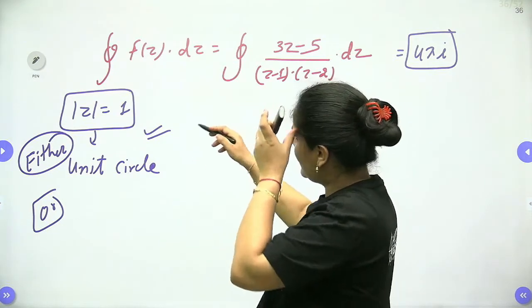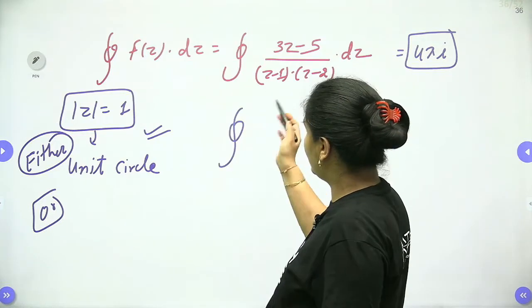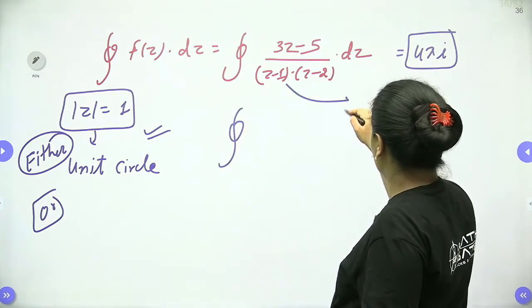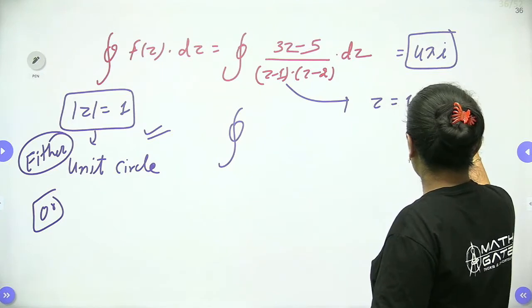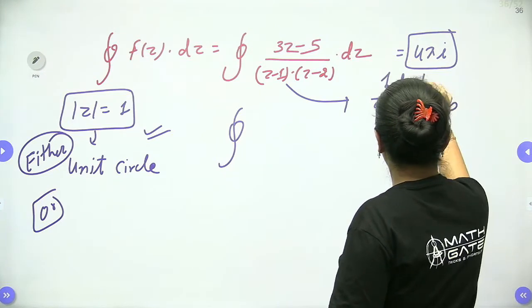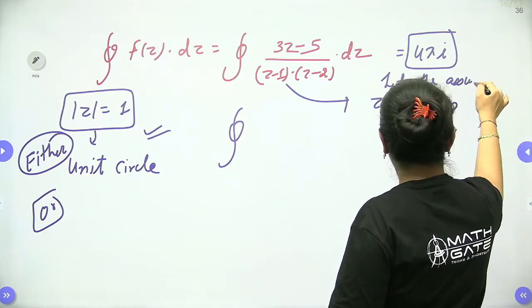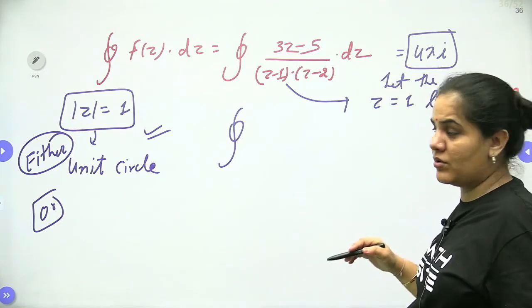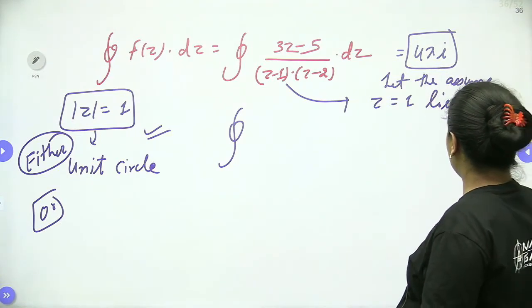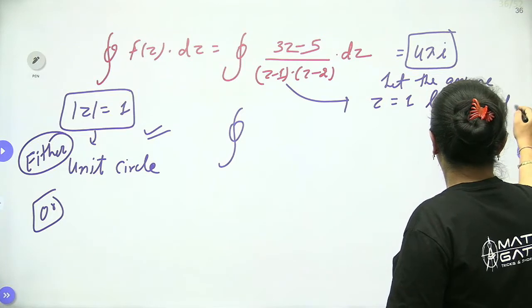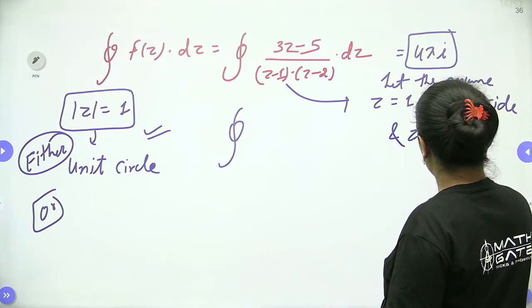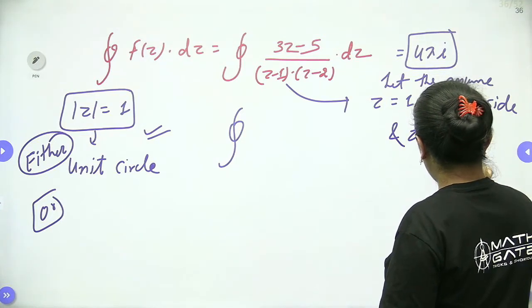Now let us assume mod z equal to 1. It means let us assume that z equal to 1 lies inside the closed curve, and z equal to 2 lies outside. I will prove my assumption right also.